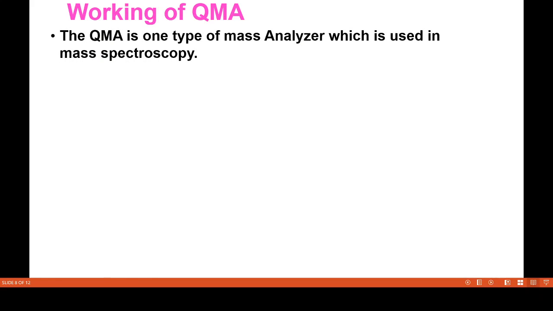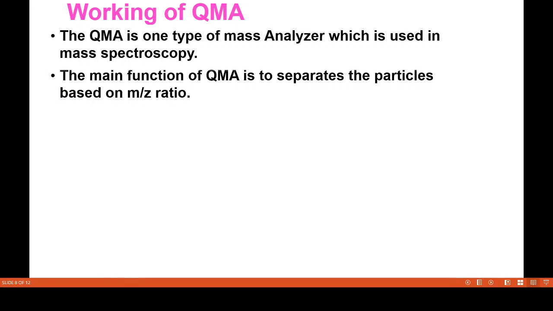Then we see the working of this quadrupole mass analyzer. This quadrupole mass analyzer is one type of mass analyzer which is used in mass spectroscopy. The main function of this quadrupole mass analyzer is to separate the particles based on mass to charge ratio.